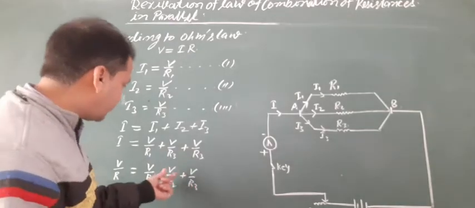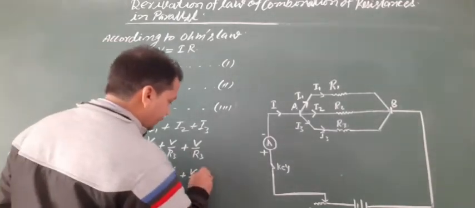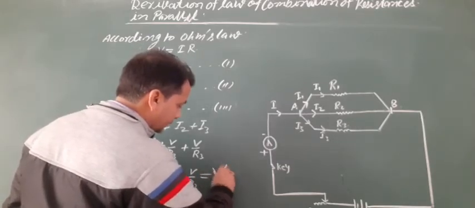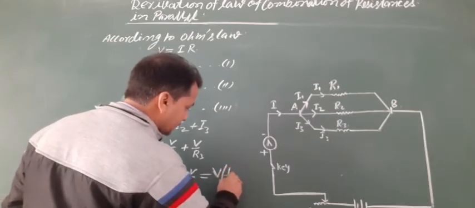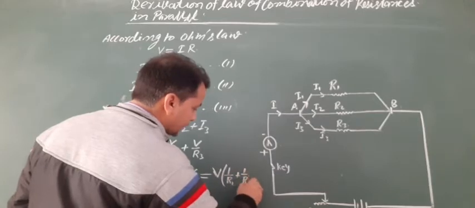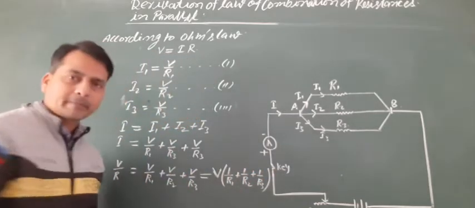So potential difference V is common in each term, then 1 by R1 plus 1 by R2 plus 1 by R3.